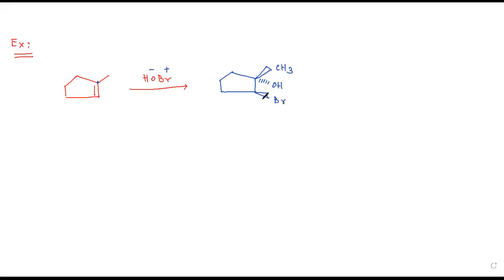Then here it will be bromine and then hydrogen, right? So this is how OH and Br are added anti to each other. Okay. Of course, the Markovnikov thing is also considered.